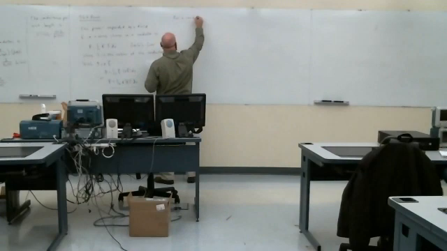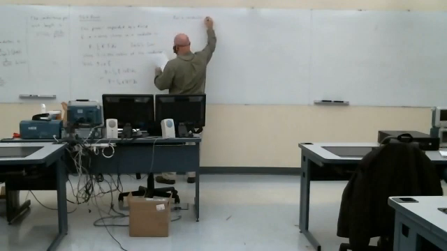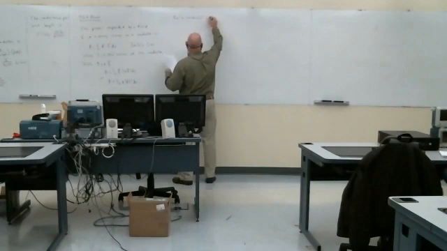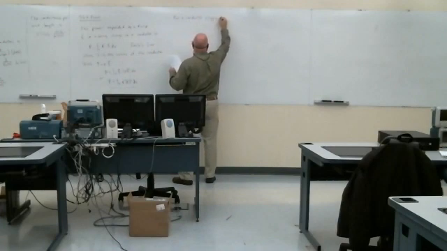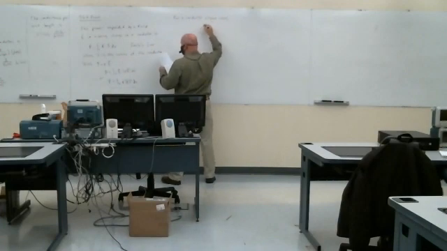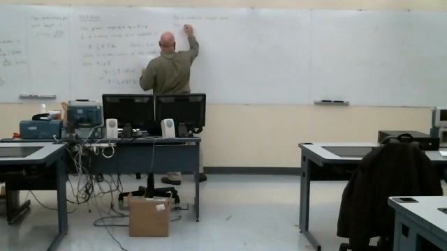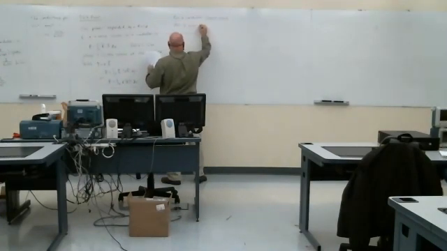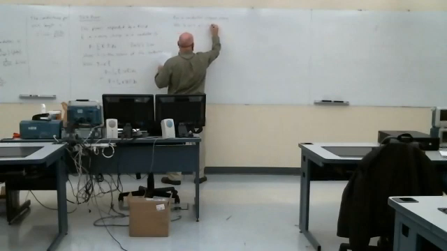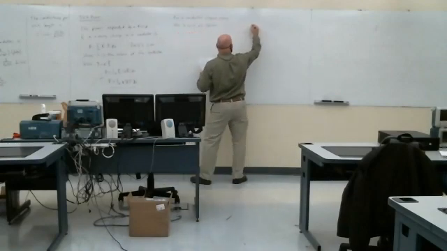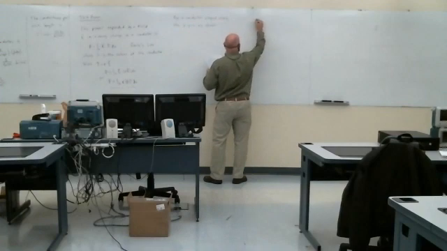Let's see if we can put this in a more familiar form. For a conductor aligned along the z-axis as shown, I'm going to draw another cylinder, but orient it differently. Say it has a length L again.